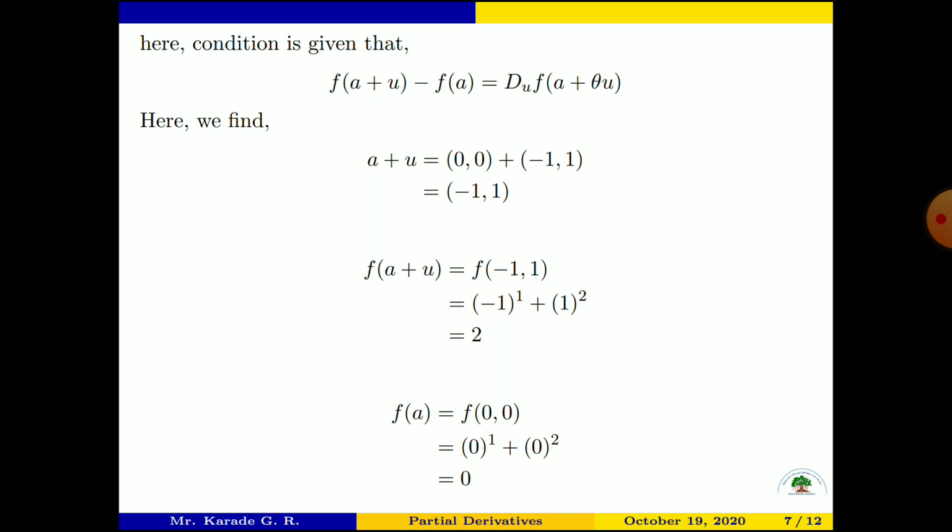Now f of a plus u is equal to f of minus 1, 1. But the function is defined above as f of x comma y is equal to x square plus y square. Therefore f of minus 1, 1 we can write as minus 1 whole square plus 1 square, which is equal to 2.